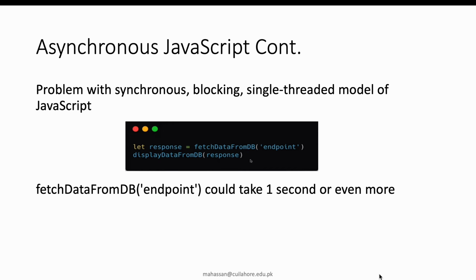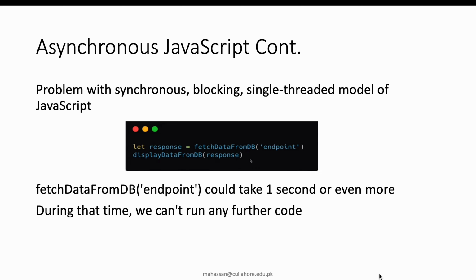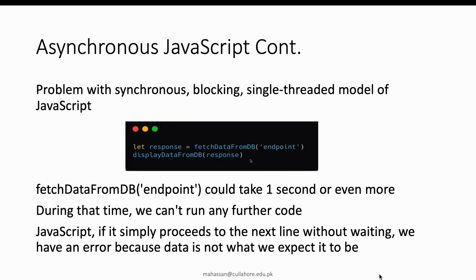And during that time, we can't run any further code. And if JavaScript simply proceeds to the next line without waiting, we have an error because data or response in this case is not what we expect it to be. So we need a way to have asynchronous behavior with JavaScript. And the question is how we can cater to asynchronous programming in JavaScript.